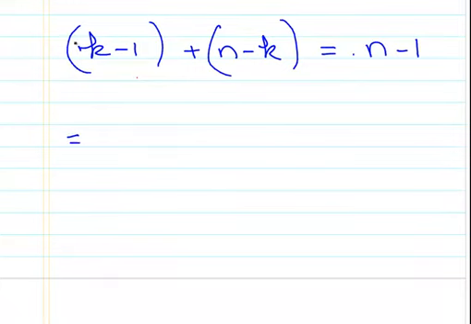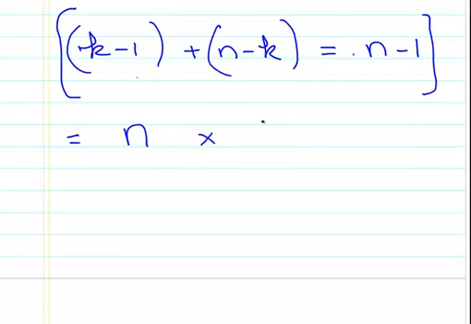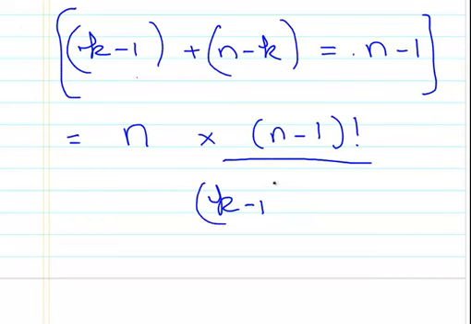That is equal to, let's put that in brackets, n times n minus 1 factorial all over k minus 1 factorial times n minus k factorial.